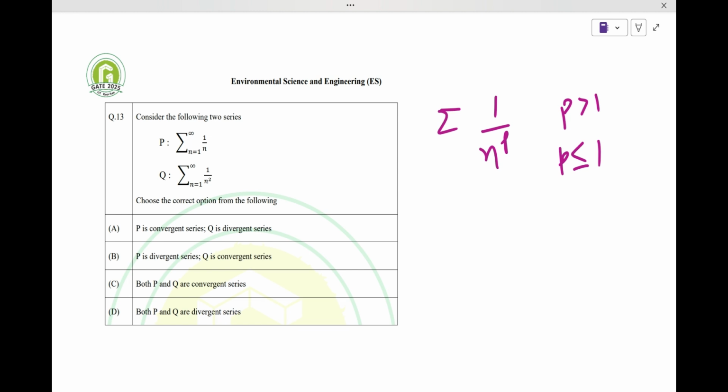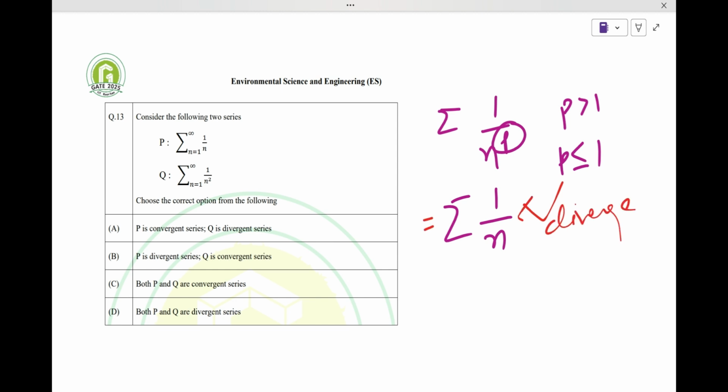So here if p equals 1, we get 1 by n, that is the summation. Now we know that if p is less than or equal to 1, then it will diverge. So this will diverge.